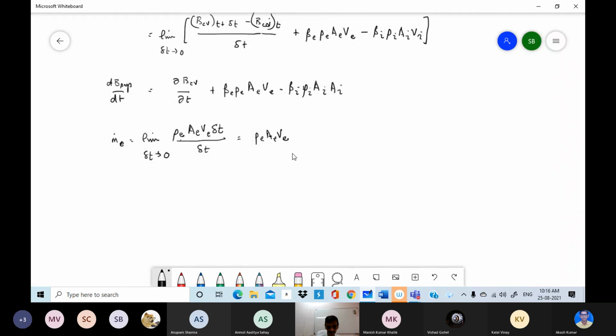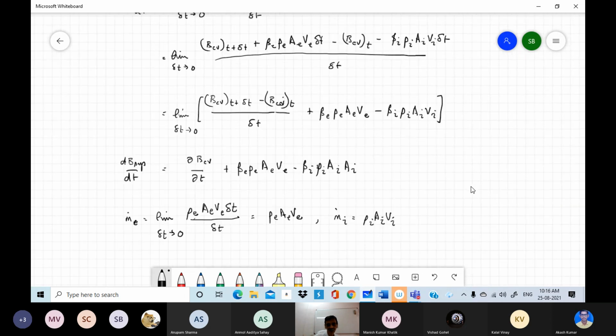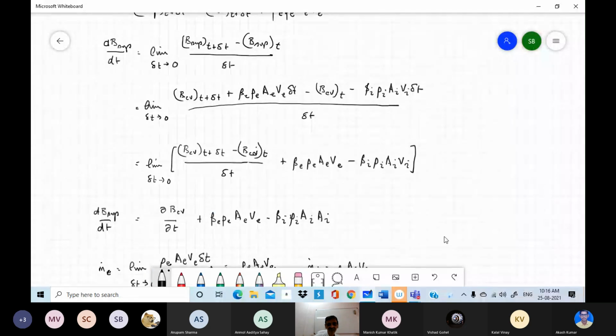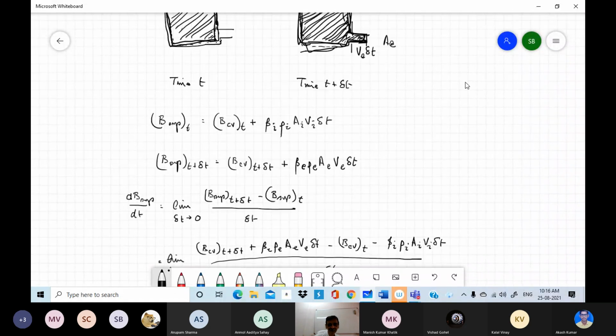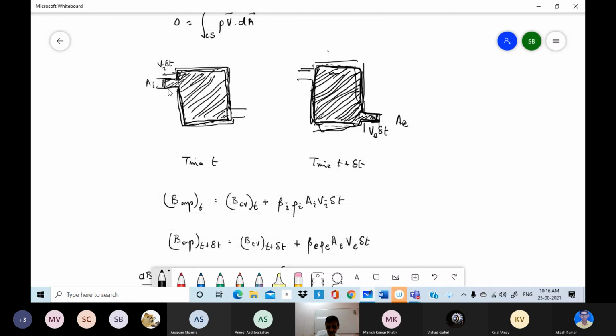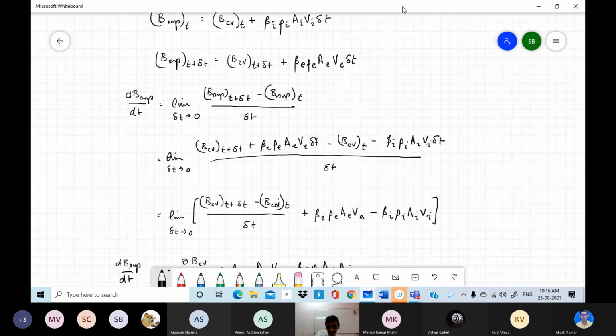Similarly, vi by assumption is the inflow velocity. So this is the velocity with which it flows in. So mi dot is also the rate at which mass is flowing in through the inlets.